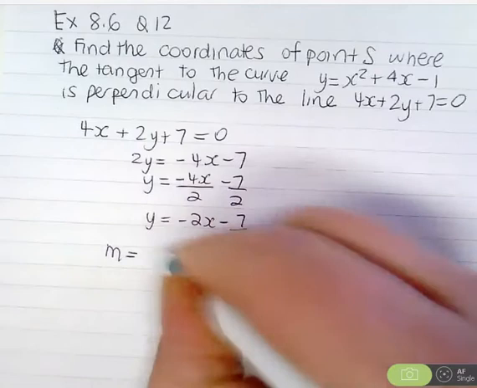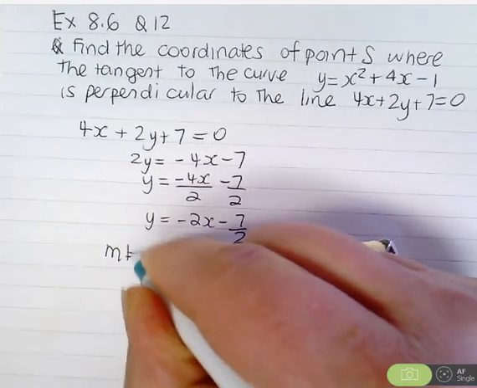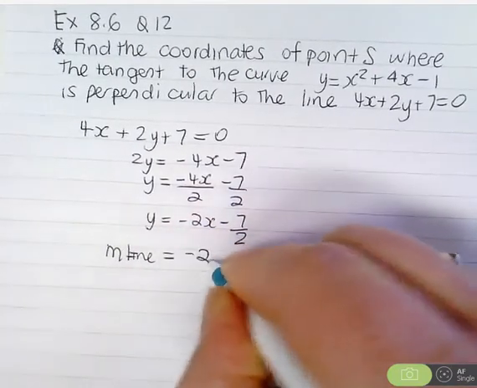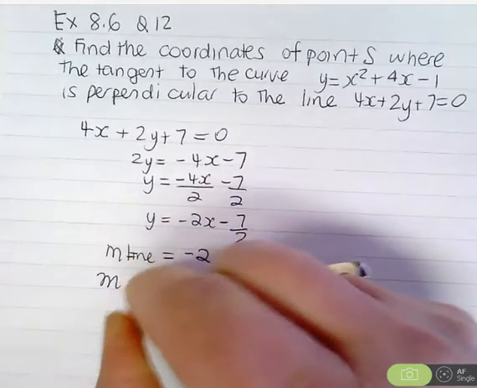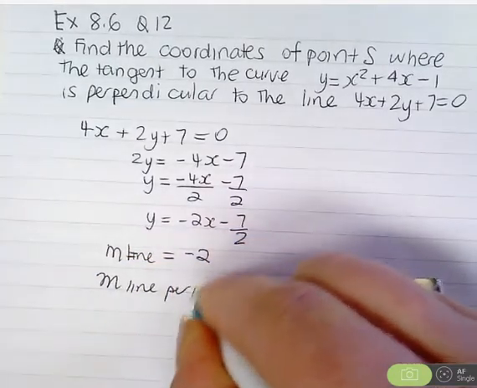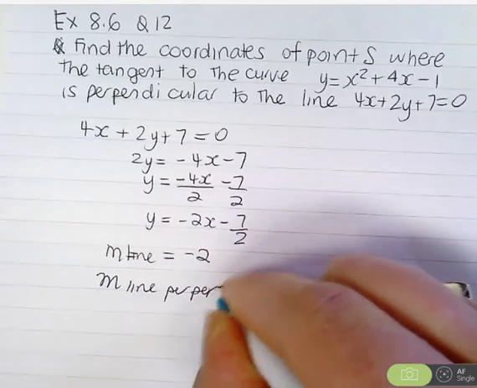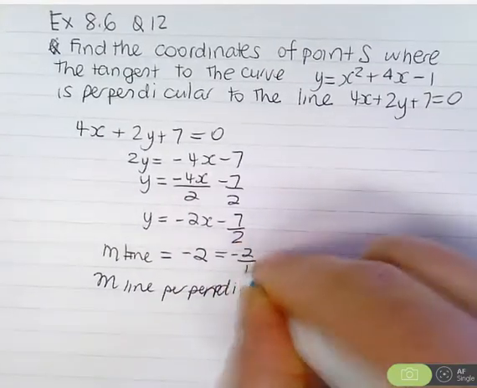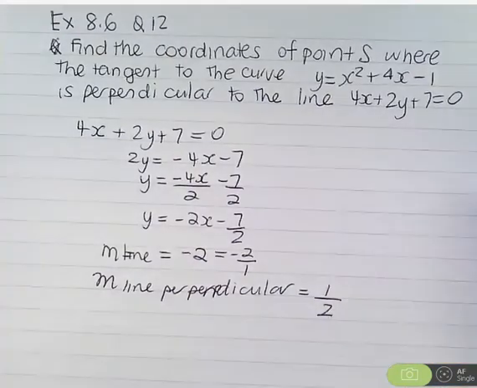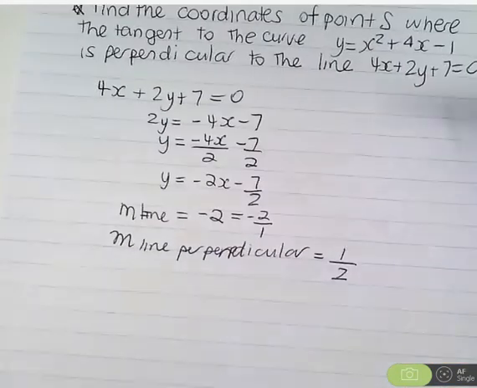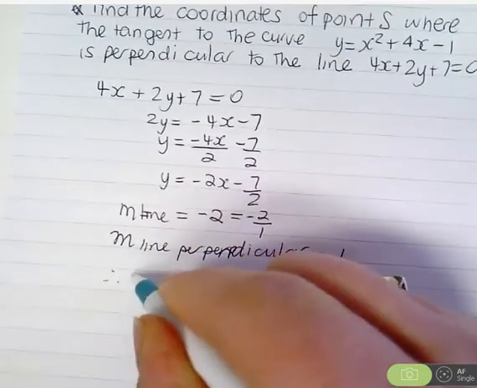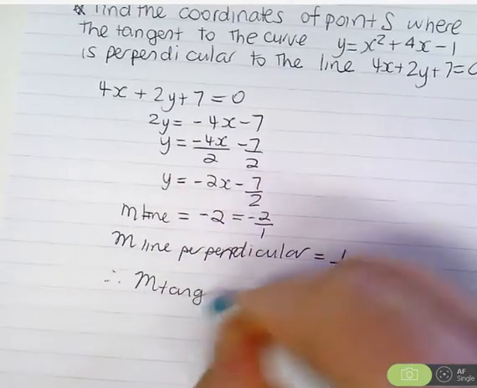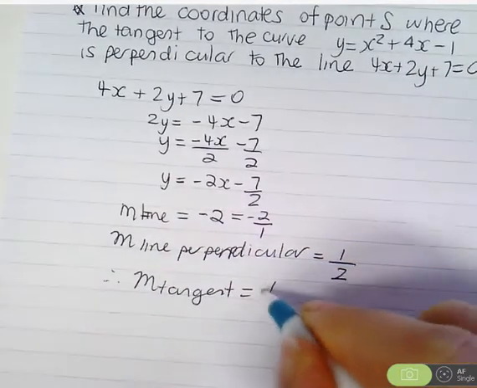So the gradient of your line is negative 2. But the gradient of the line perpendicular to this, now that's negative 1 over negative 2. The gradient of the line that we want is a half. So therefore, the gradient of the tangent is going to be a half.